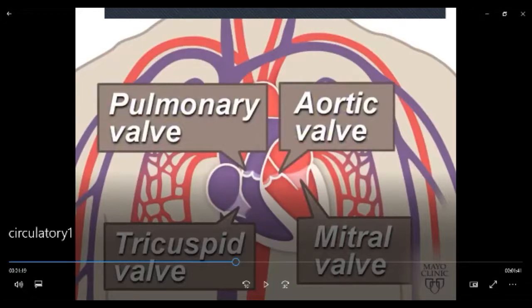The other one on the left side of the heart, from the atrium to the ventricle, we call the mitral valve, while the one from the left ventricle to the aorta, we call the aortic valve.